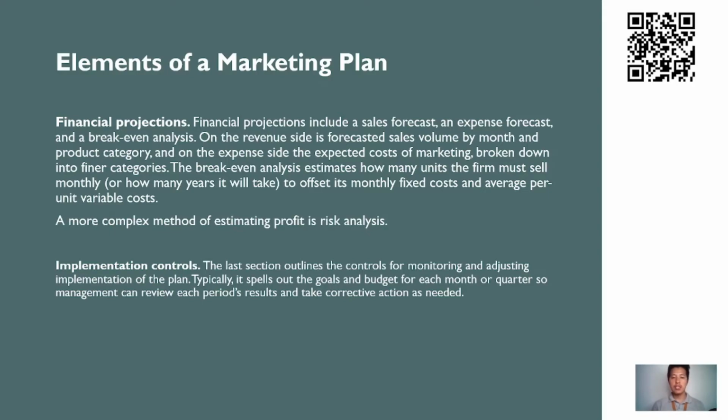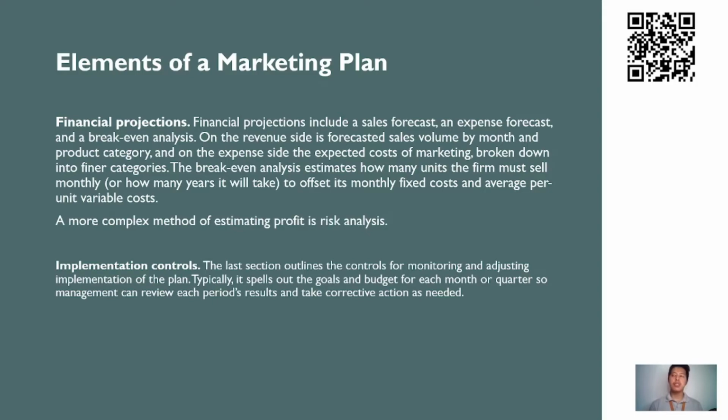The break-even analysis estimates how many units the firm must sell monthly, or how many years it will take, to offset the monthly fixed cost and average per-unit variable cost. A more complex method of estimating profit is the risk analysis. You have to calculate the amount of risk that might at some point affect the well-being of the company itself.